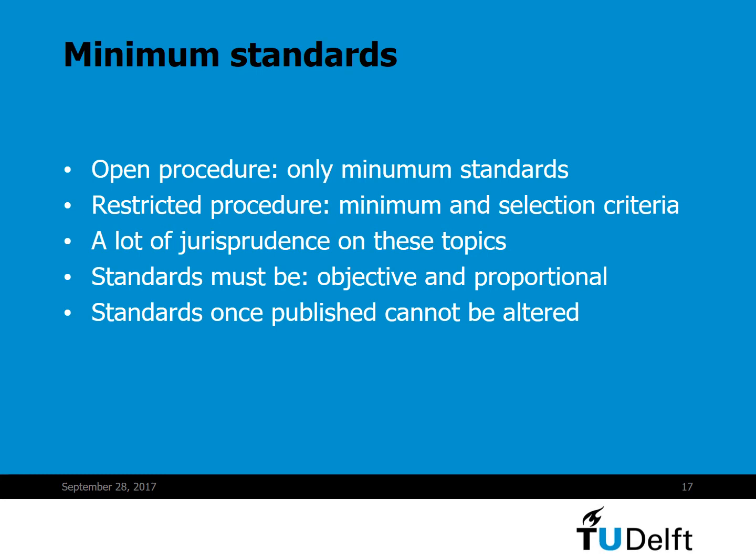Again, for the equality I talked about in the first video on procurement law. And once you published these selection criteria and minimum standards, you cannot change them anymore. So once they're published, you cannot think, by using this standard I cannot use this famous architect anymore because he had a conviction of a mistake, for example, a professional fault in the past. So the standards must be objective and proportional, and they must be published, and once published they cannot be changed anymore.